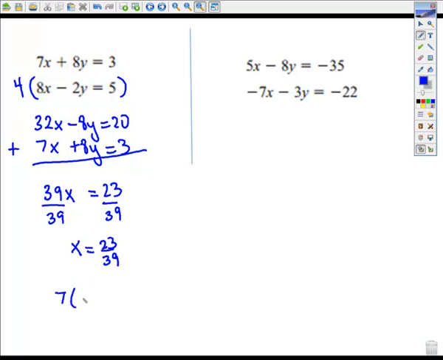So I'm going to have 7 times 23/39 plus 8y equals 3. This gives me, when I do 7 times 23/39, I get 4 and 5/39 plus 8y equals 3. I have to subtract off the 4 and 5/39.